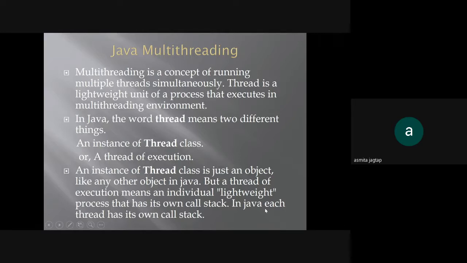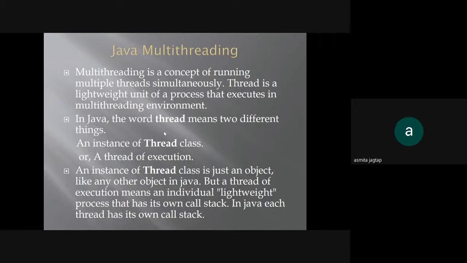For example, one thread is writing to a file, and at the same time another thread is performing spell check. When you write in your Microsoft Office Word file, whenever you are writing, the spell check is continuously going on. That is nothing but two threads continuously doing something.